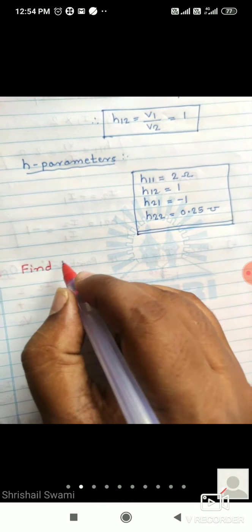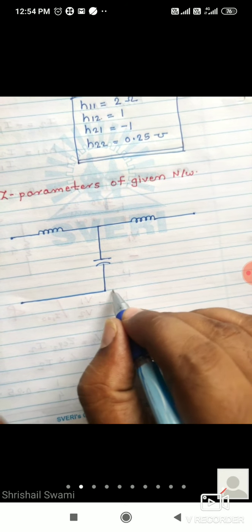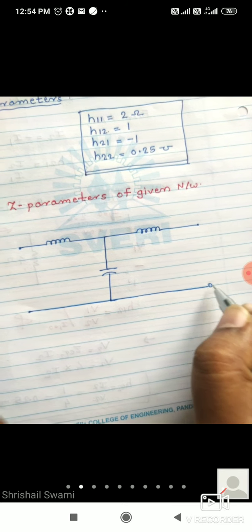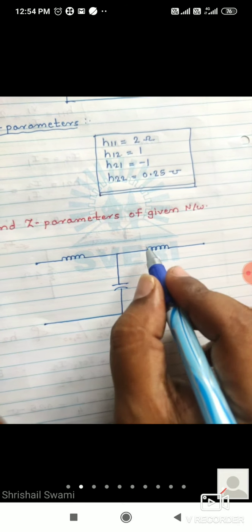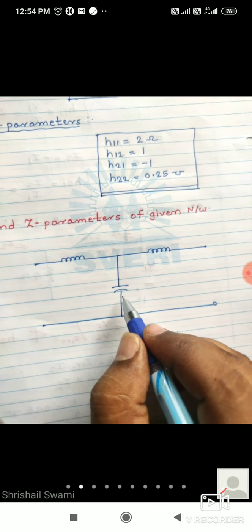So here now, instead of resistors, an inductor and a capacitor are there, but their impedances are given. So these are inductors and this is the capacitor.